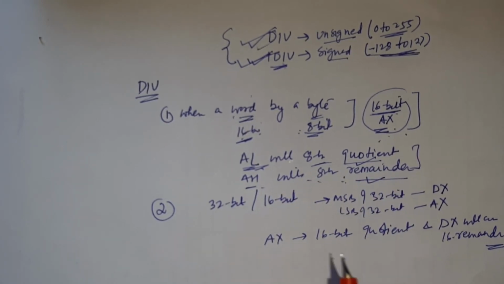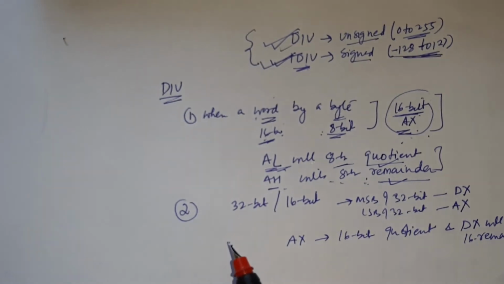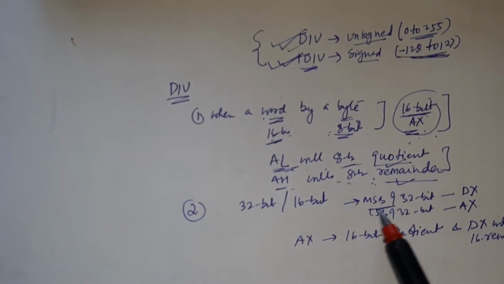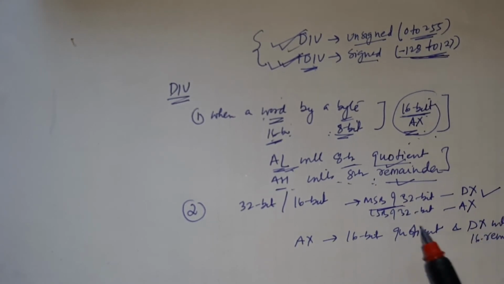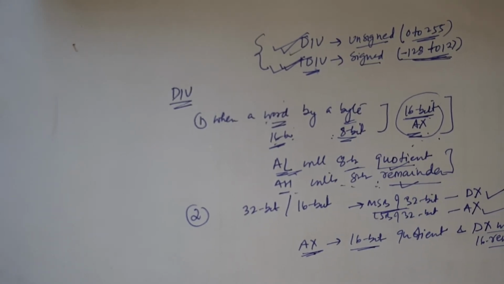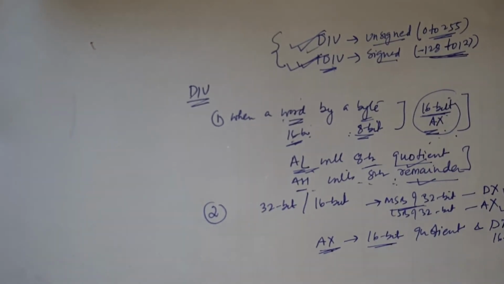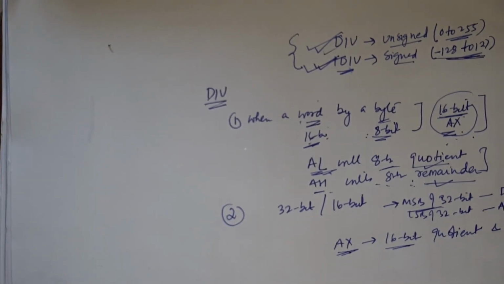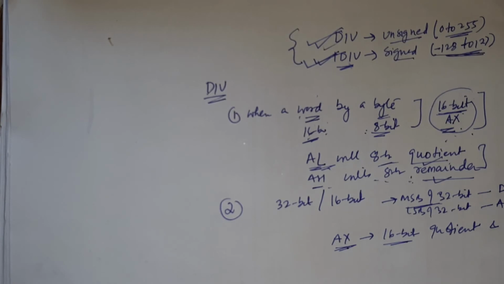Second, when you divide a 32-bit number by a 16-bit number, the MSB of the 32-bit number is stored in DX and the LSB in AX, and after division AX will contain the 16-bit quotient and DX will contain the 16-bit remainder.